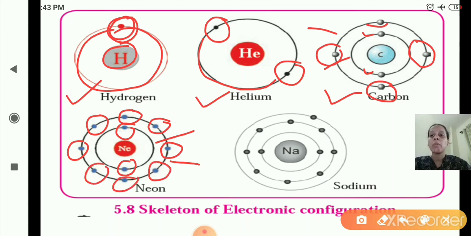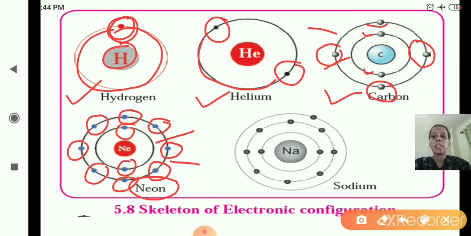Okay, so in the L shell, 8 electrons, in the K shell 2 electrons. So total how many electrons? 2 plus 8, 10 electrons. So how many electrons are there in neon atom? That is 10 electrons. So 2 in K shell and 8 in L shell.